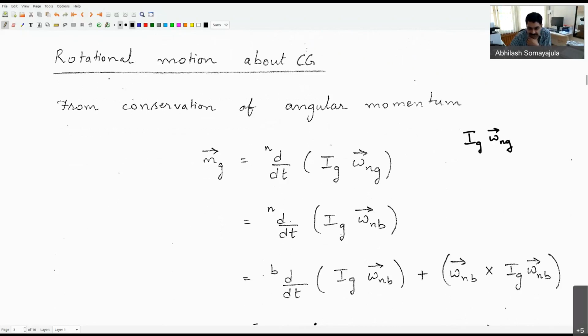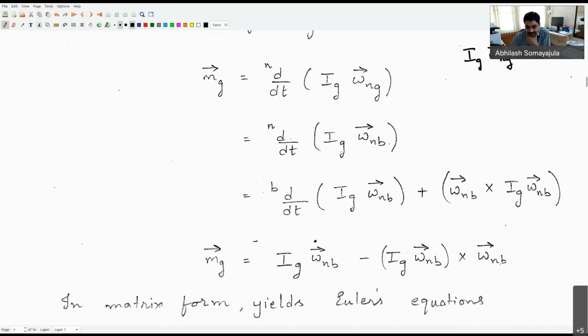And we found that we can do the same process: take the derivative in the NED frame and express that in terms of the body fixed frame derivatives. So you start to get an additional term, omega cross Ig times omega nb.